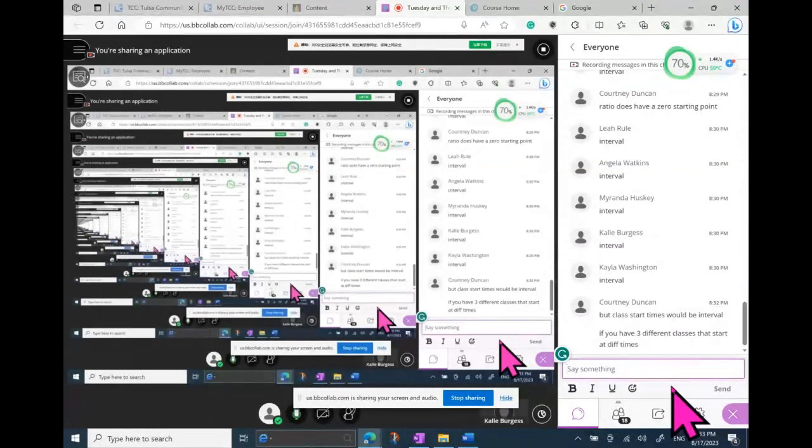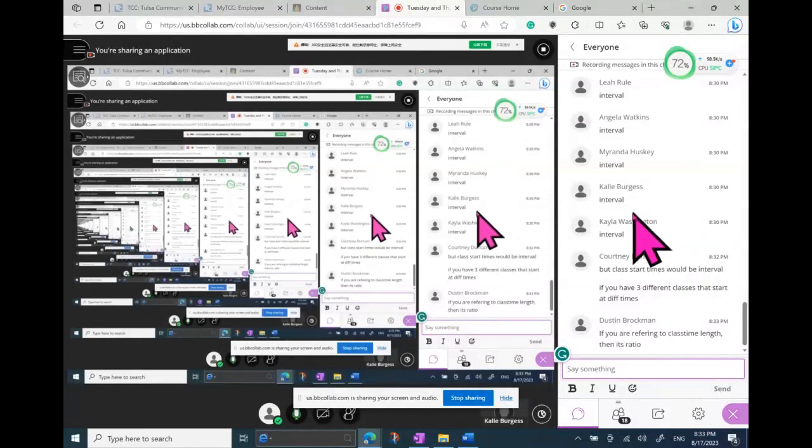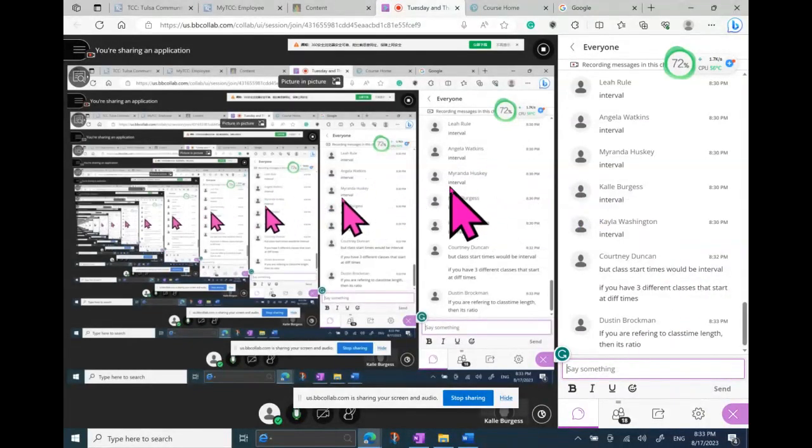It's like the time is at a certain point on your calendar, right? If you are referring to class times, it is ratio. Yeah, I agree. If you only talk about the starting time, it's interval, the same as year in calendar. Anything on the calendar is interval, because the calendar doesn't have a natural starting point. We don't know when the time starts, right?